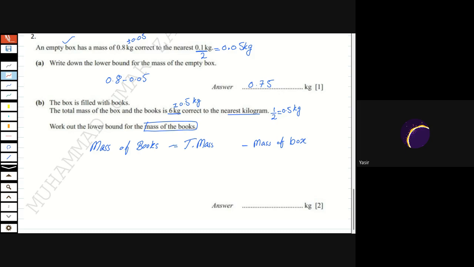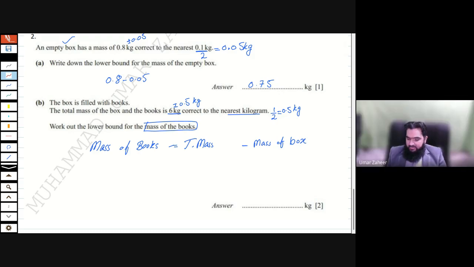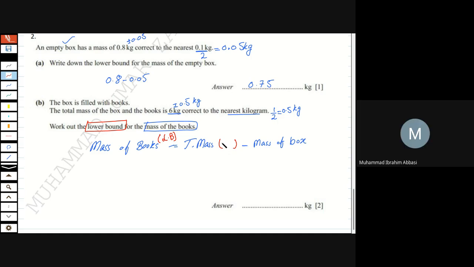Sir, this statement is a very general statement. Now, in this case, he says that you need to find the lower bound, and again, it is a subtraction case. For lower bound, I need to take the upper bound or lower bound of the total mass? Lower bound.